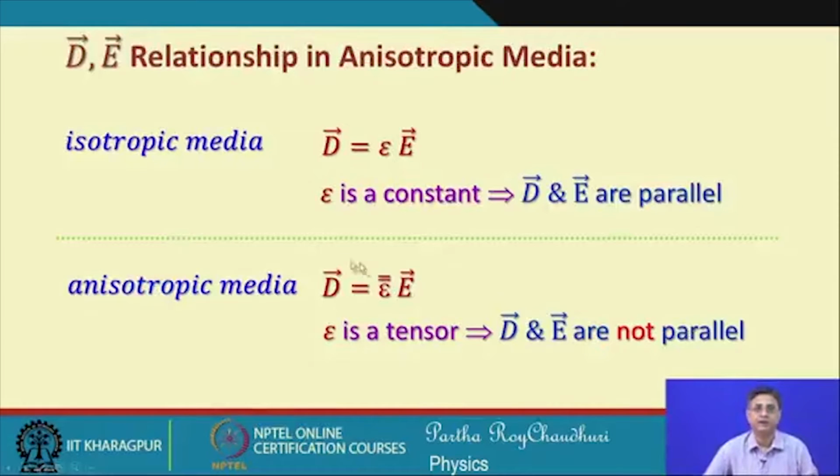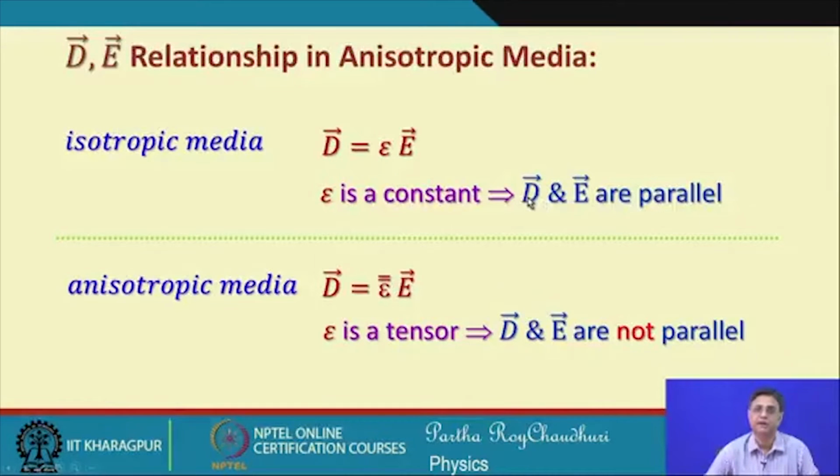Okay, so, looking at the E-D relationship in anisotropic medium, the constitutive relation in this case is the displacement vector D equals epsilon times the electric field vector E. For isotropic medium this epsilon is a constant, and as a result it is a scalar, and D and E are parallel.